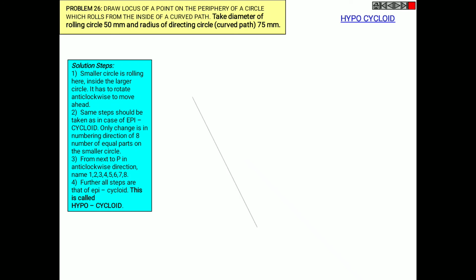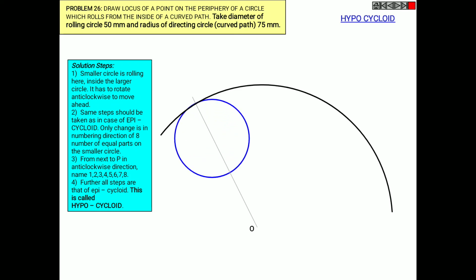Draw a radius of 75 mm, draw an arc of the directing circle, and draw a rolling circle inside it, and mark the points in the anti-clockwise order. Draw the value of theta at an angle of small r by R into 360 degrees as in the previous epicycloid.